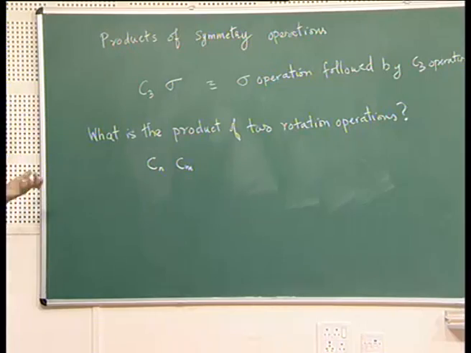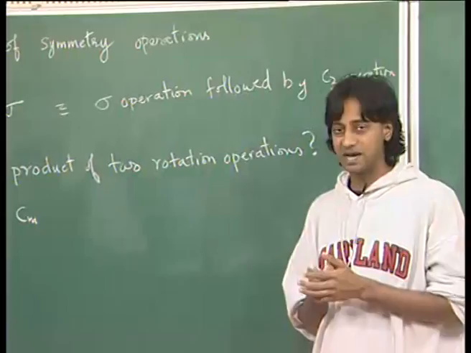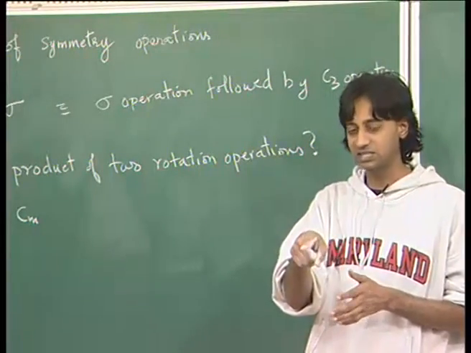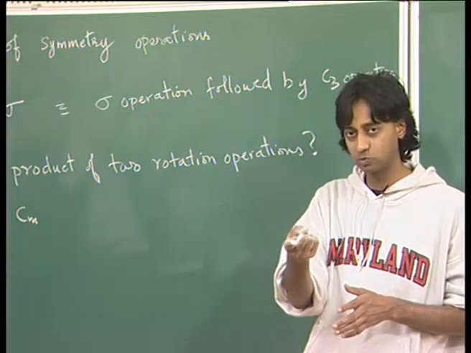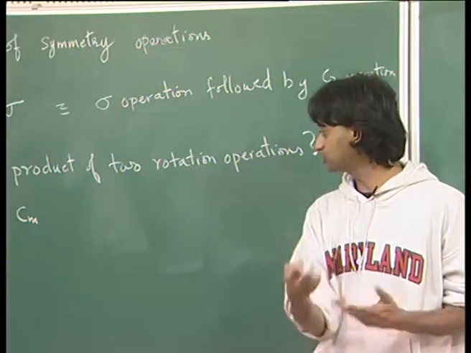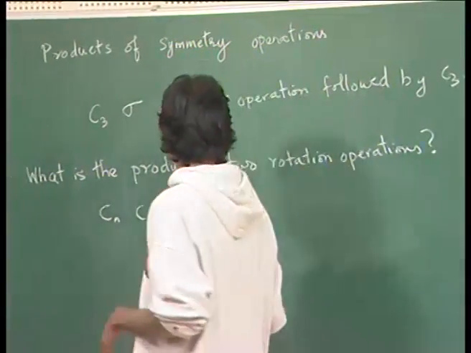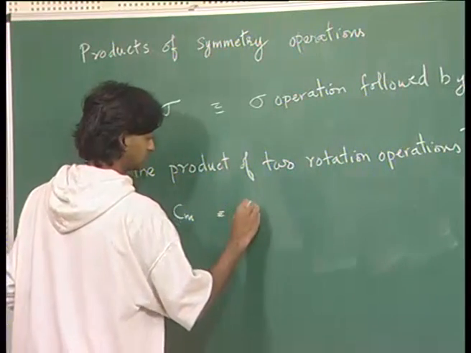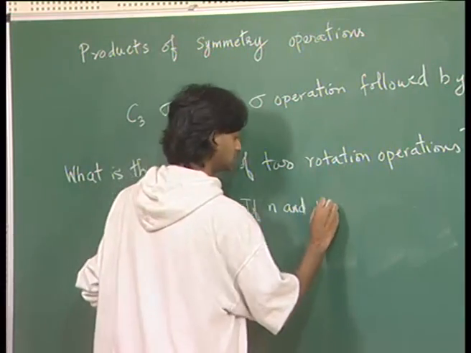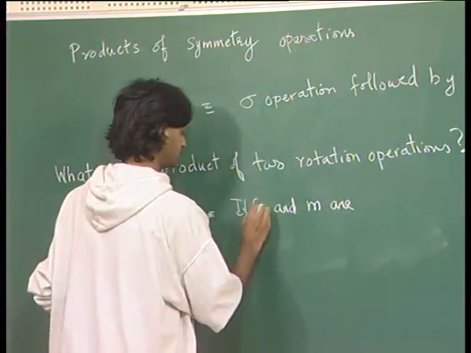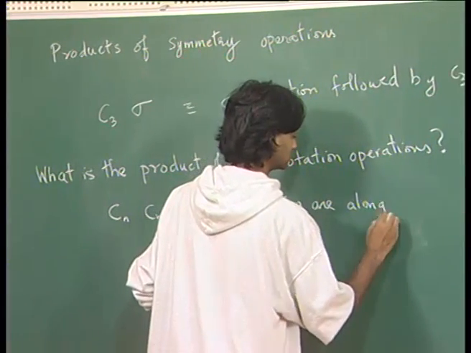Now if both Cn and Cm are along the same axis, then obviously rotation by 2 pi by m followed by 2 pi by n turns out to be another rotation.